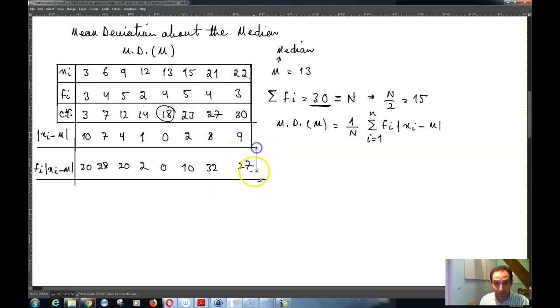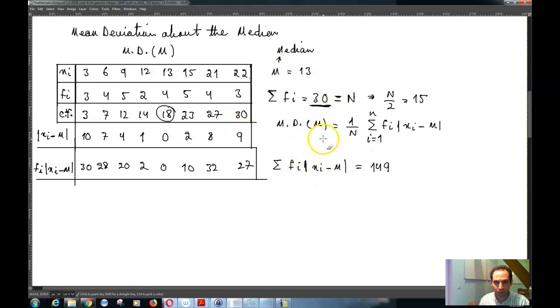Moreover, you need to find the sigma f of i times the absolute value of x of i minus m, which is equal to 30 plus 28 is 58, 78, 80, 90, 90 plus 50 is equal to 140, 149, and your n is equal to 30.